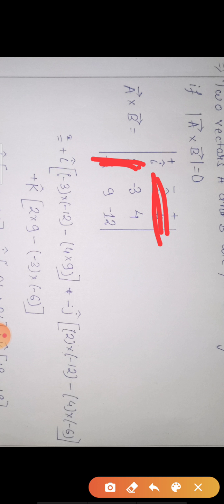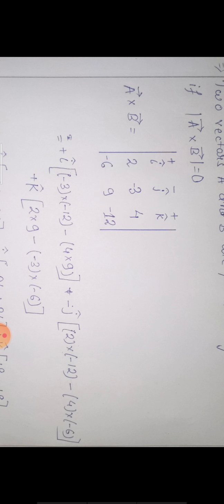Now you can see there are 4 terms. We multiply top left into bottom right, minus top right into bottom left.